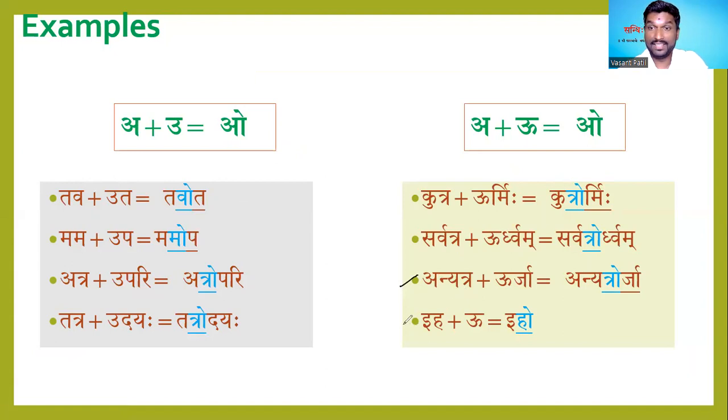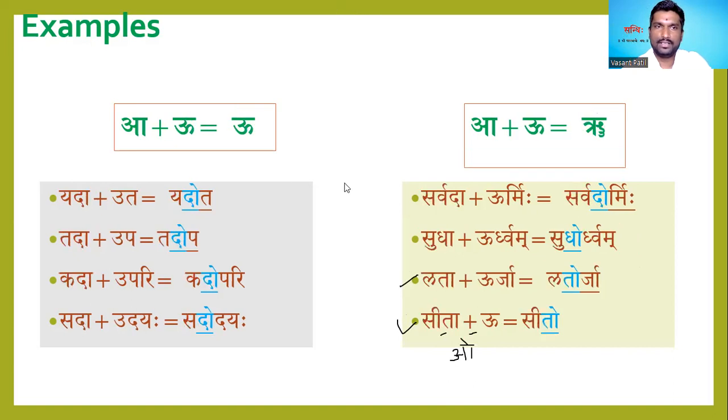You see, when we see a word like anyatrorja, at that time we should be able to split it and understand the meaning. Iha plus u, iho, because a is there, u will become o. And how do we write o? That matra I showed you. Next.